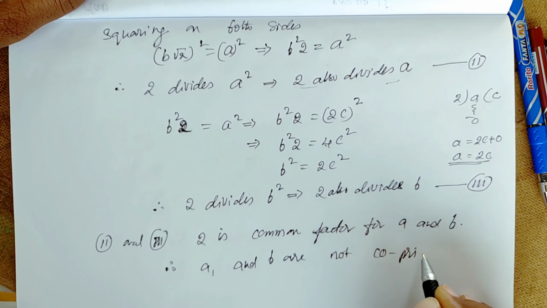Is our assumption right? No, our assumption is wrong. That is why root 2 is not a rational number. What is the right one? Root 2 is an irrational number. Okay, right.